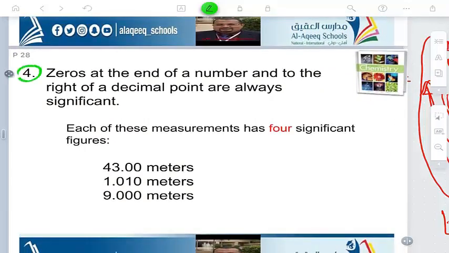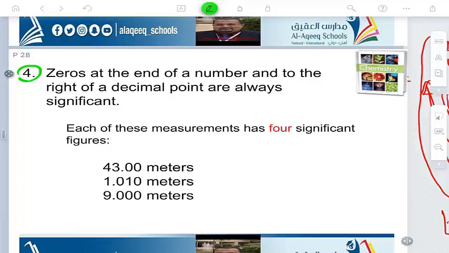Rule 4: if 0 is at the end of a number on the right-hand side, not the left-hand side, with a decimal, does that make these zeros counted or not? Yes, they are counted.